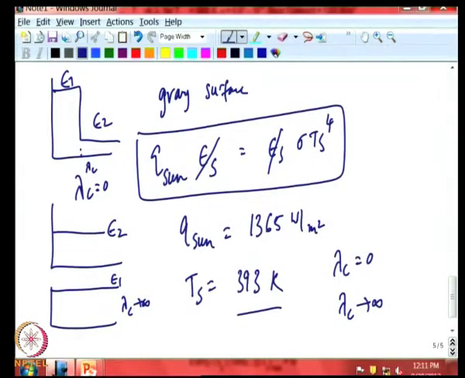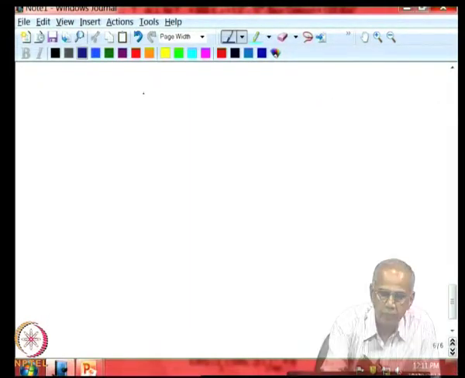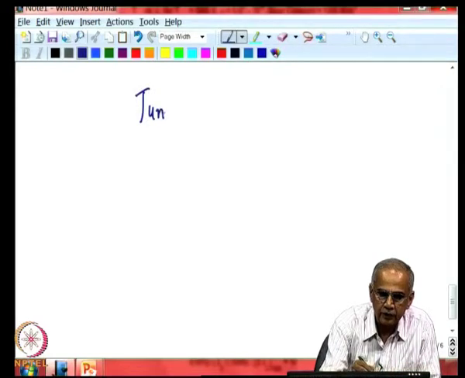Now, before we move on to detailed treatment of how to treat non-gray surfaces, I will give one more example of non-gray nature of surface. This is in the design of tungsten filament lamp.